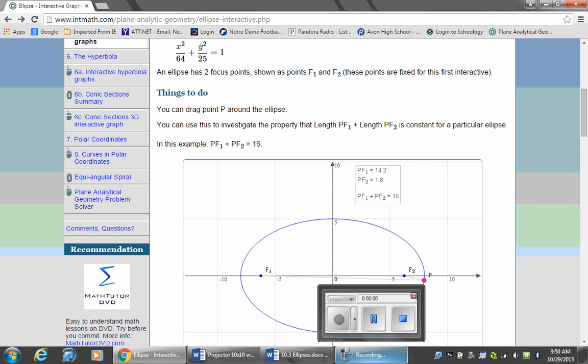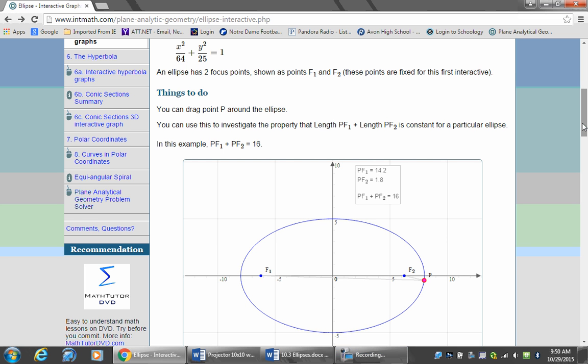Okay. Now there is a special relationship between the A value here and the C value here. That's called eccentricity.